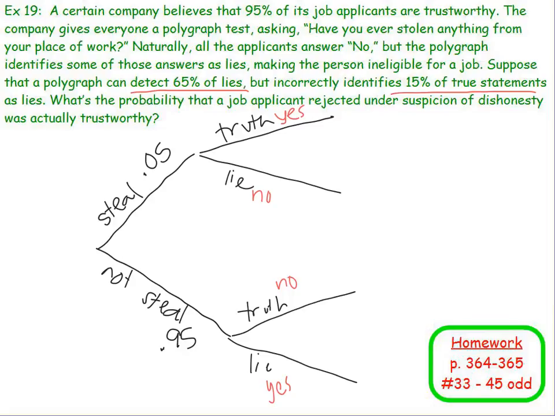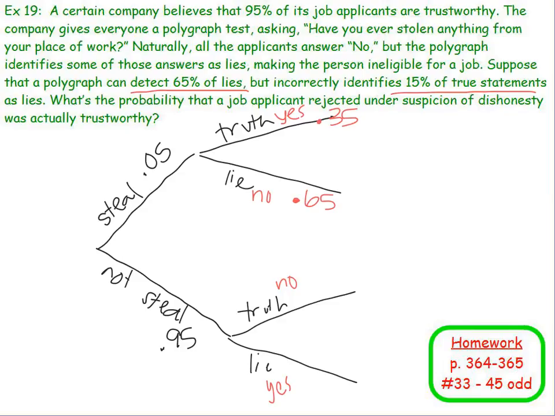So if we look at stealing, you lie 65% of the time, because we have to understand what that means in terms of yeses and nos. Which means you told the truth 35% of the time. So it identified the lie at 65%. Now, here's the tricky part.